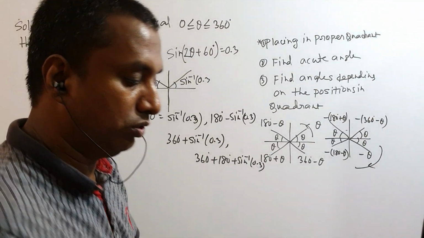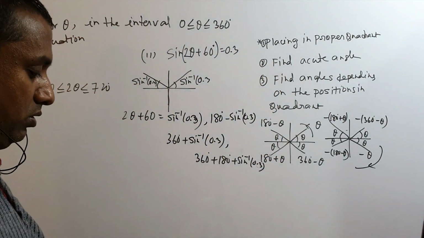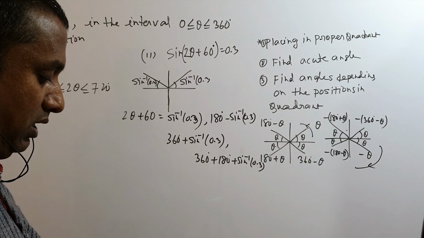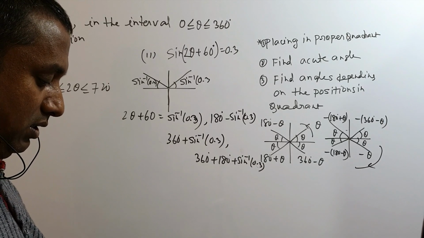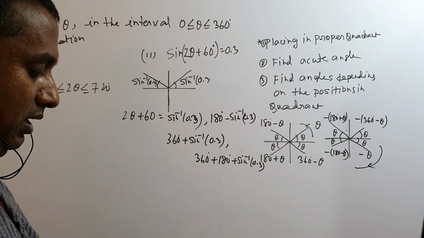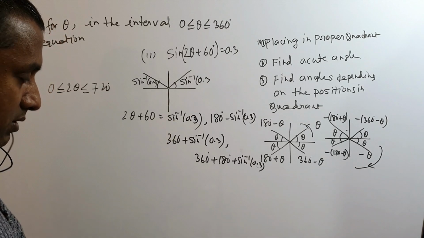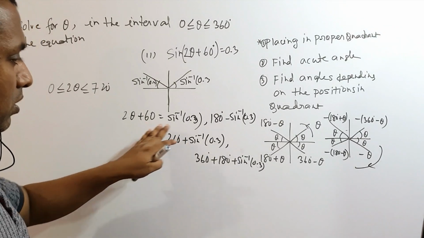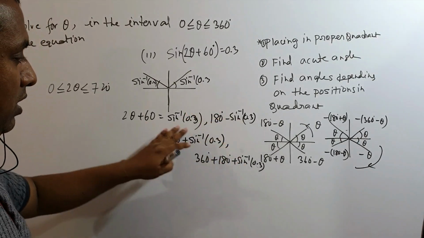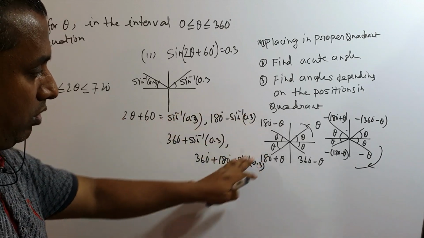Now you need to solve it. You need to change your calculator to degree mode, and you must have it in degree. Now use the calculator: sine inverse 0.3. Subtract 60 and divide by 2 for all these numbers.